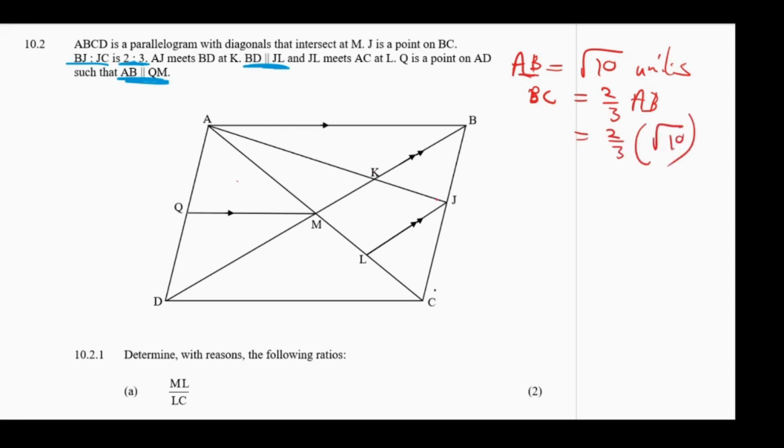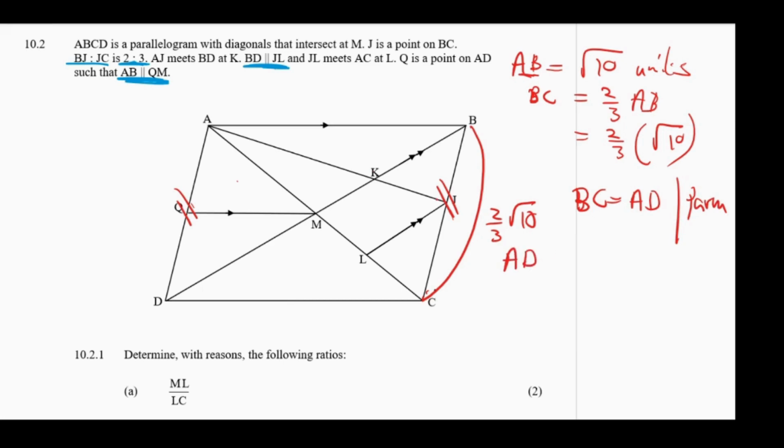So now we know BC, which is this one here, which is 2 over 3 root of 10. And remember that this BC is equal to this AD. So BC is equal to AD. The reason you can say PAM, parallelogram, right? That's your reason. So meaning that AD is equal to 2 over 3 root of 10, right?